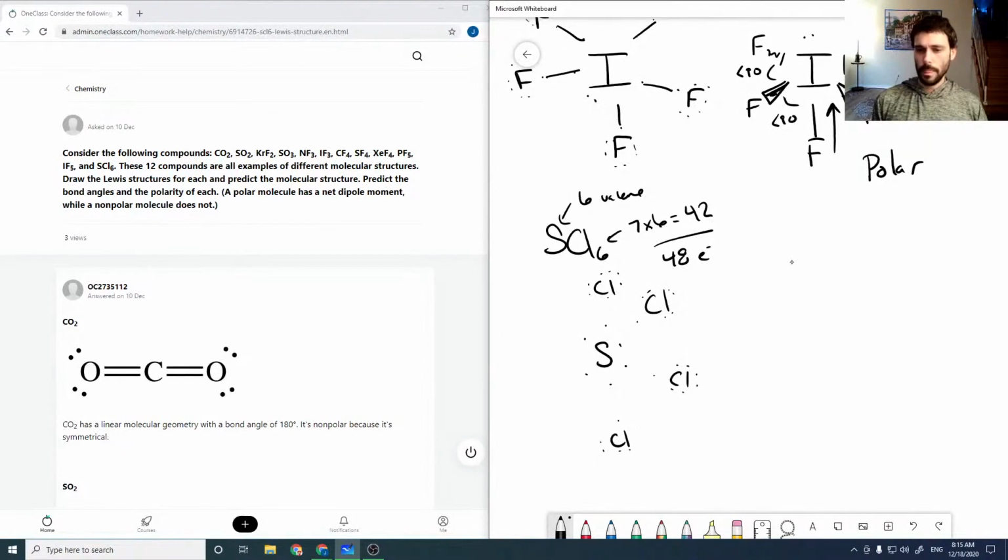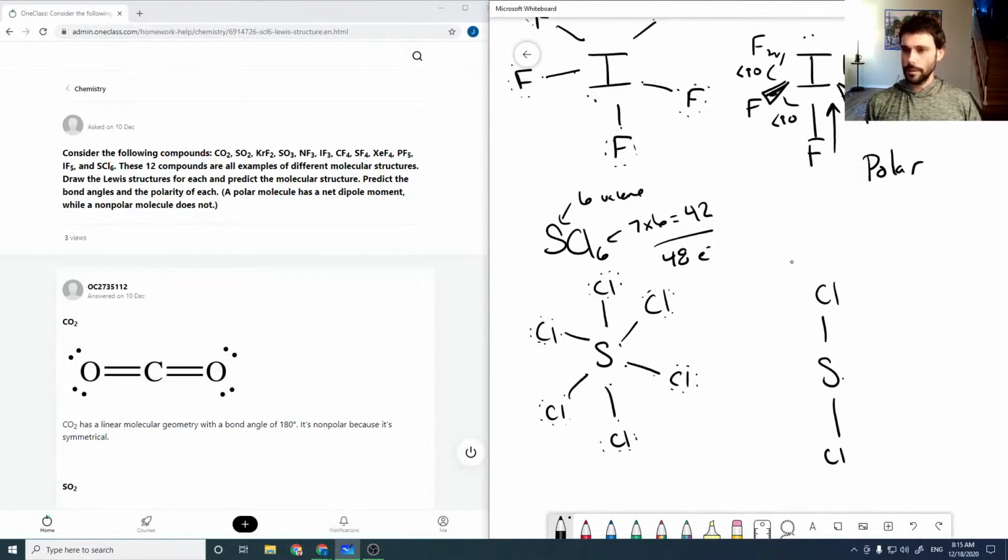Okay. And so it must be something like this, which if we draw it would be each of these going this way, coming out of the page, going into the page, coming out of the page, going into the page.